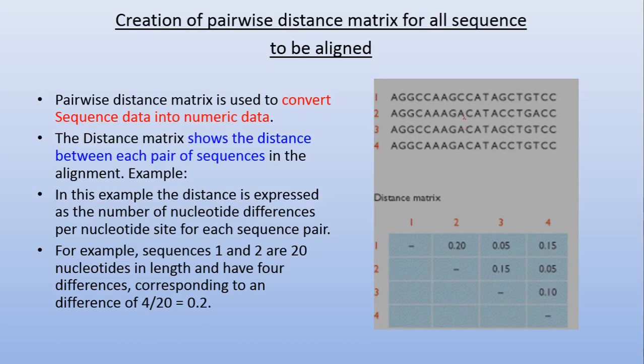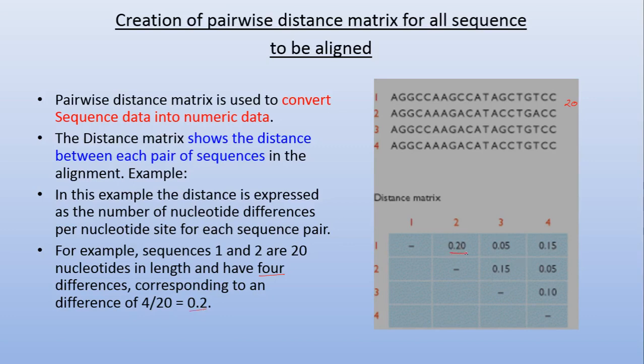For example, sequence 1 and sequence 2 are 20 nucleotides in length, and they differ at 4 positions. So we have simply divided the differences by the number of residues or characters present in these two sequences, and whatever number you get, we can populate in the distance matrix.